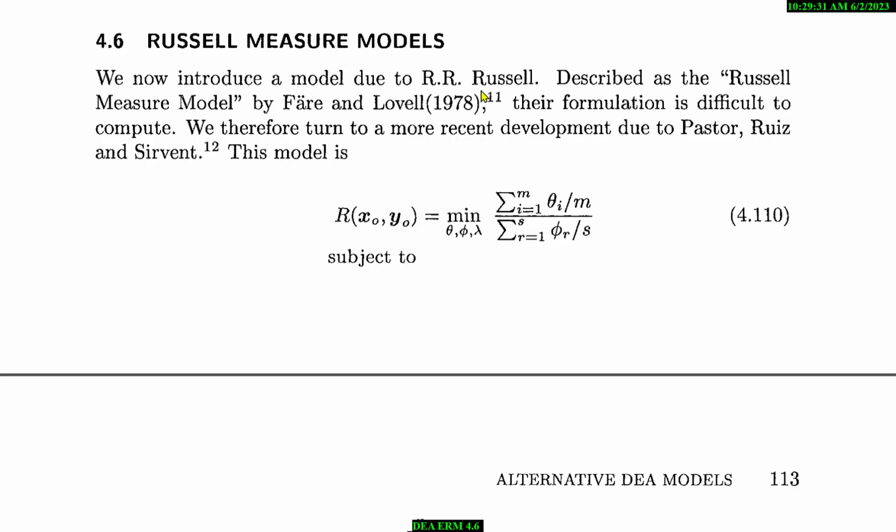Bismillahirrahmanirrahim. Another model that is considered in this chapter is Russell measure models. We now introduce a model due to Russell, described as the Russell measure model by Fare and Lovell.